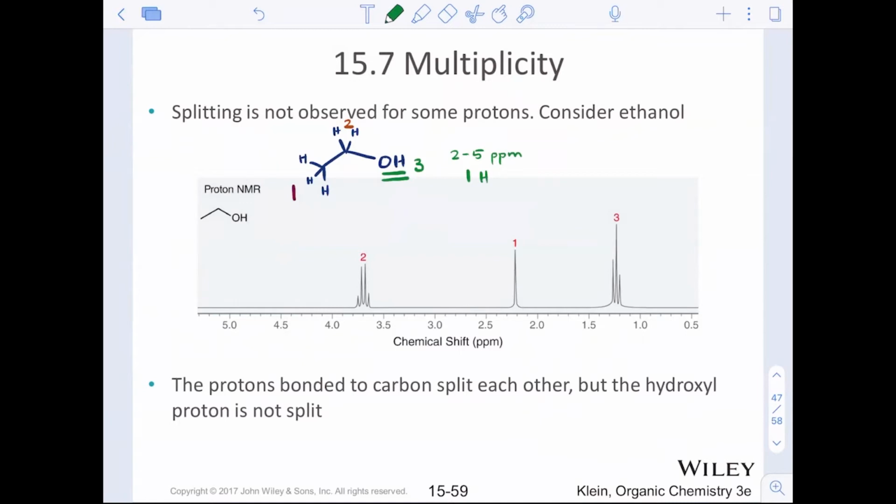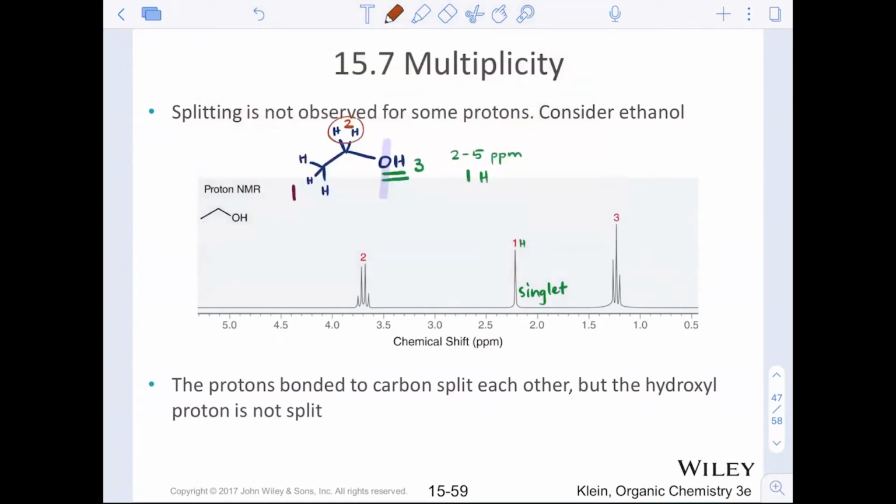Think about that oxygen as a huge hedge that a neighbor has that does not want you to be seen or does not want to interact with you. Notice this 1 hydrogen peak right here, integration of 1, singlet, appearing around 2.2. That is the OH peak.